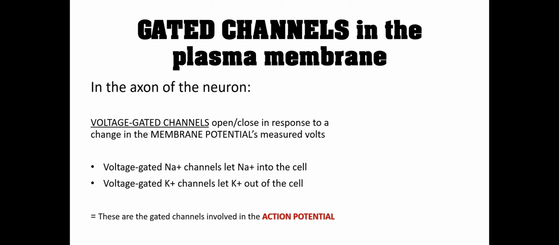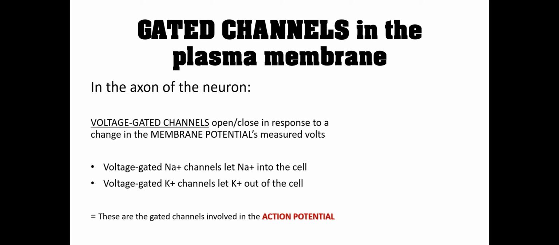So voltage gated sodium channels, the channels themselves are embedded in the actual membrane. So as you go down the membrane, it has little doors that usually remain closed, and some doors are for sodium and some doors are for potassium. The sodium doesn't use the potassium's doors and the potassium doesn't use the sodium doors.